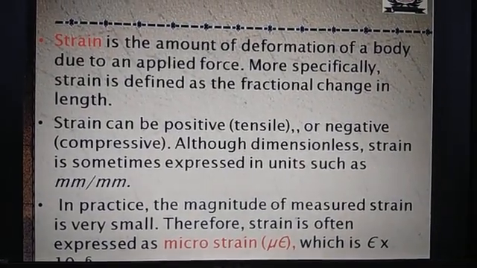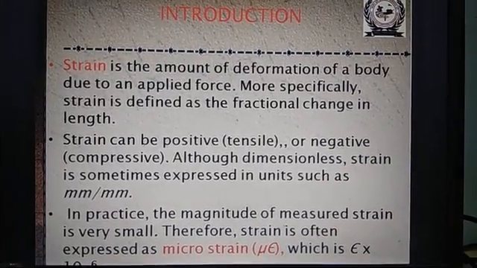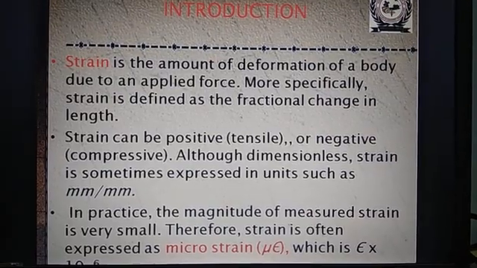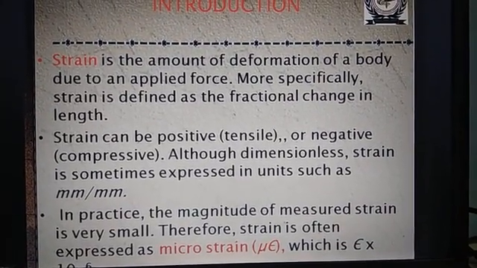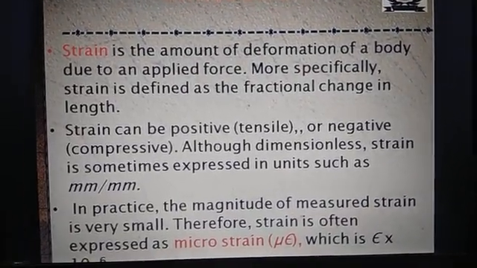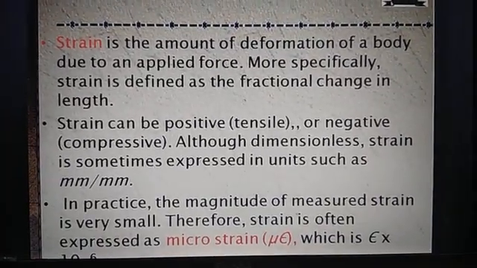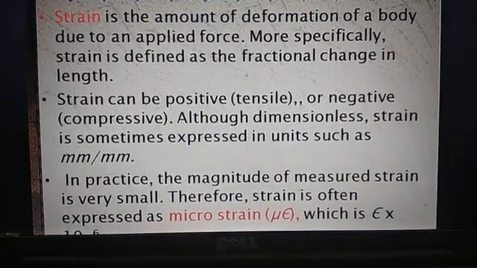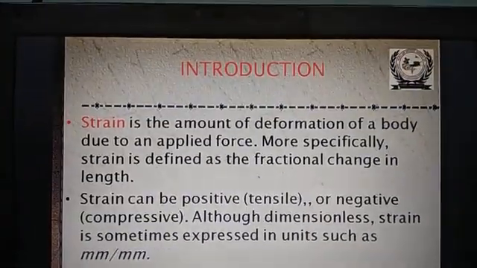In practice, the magnitude of measured strain is very small. Therefore, strain is often expressed as microstrain, mu epsilon, which is epsilon into micro, 10 to the power minus 6.